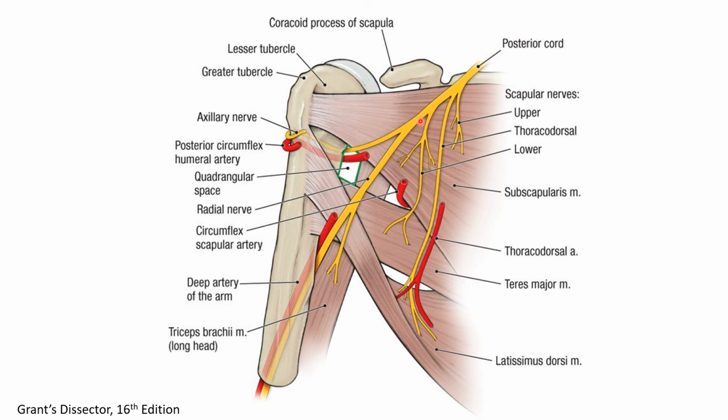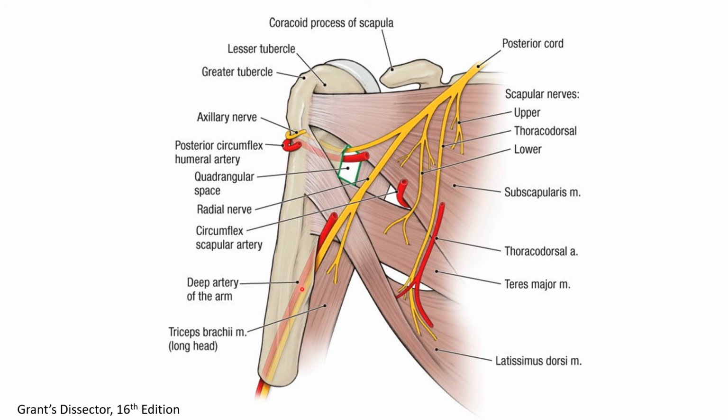Continuing with the posterior cord, and again, we'll cover brachial plexus tomorrow, but since it's up on this image, I'm going to just go ahead and talk you through it here. Off the posterior cord, you also have the radial nerve, and the radial nerve will dive to the posterior side of the arm. It innervates the triceps, and you will see that run with the deep artery of the arm. So you'll always see those two structures together as well.